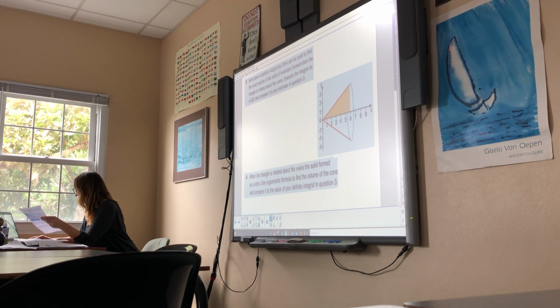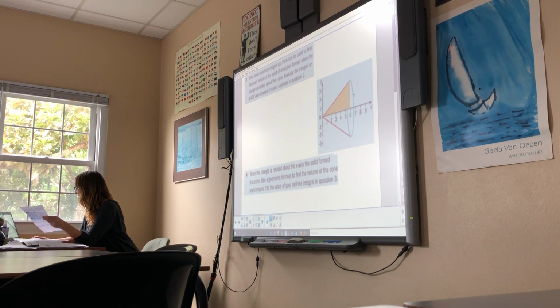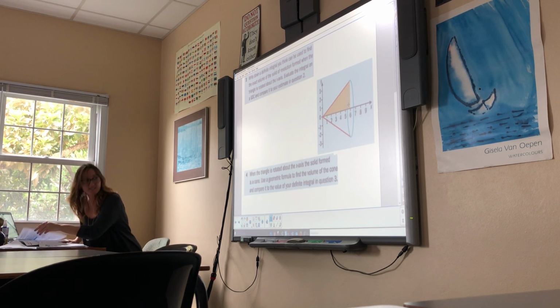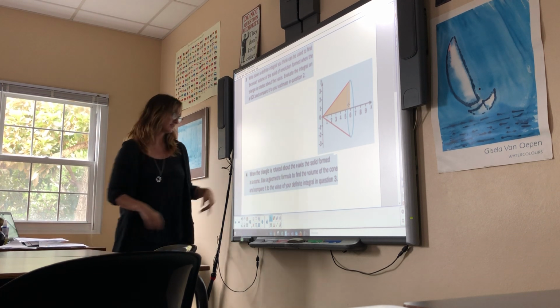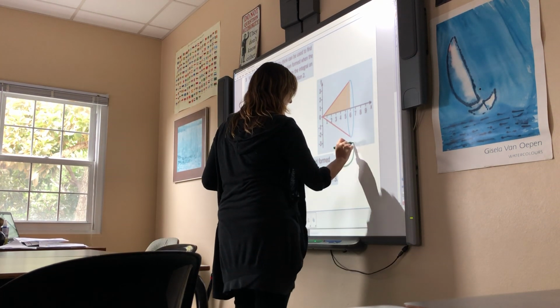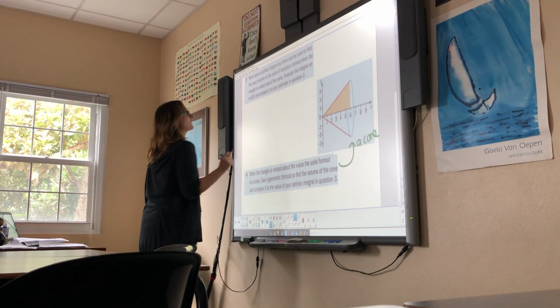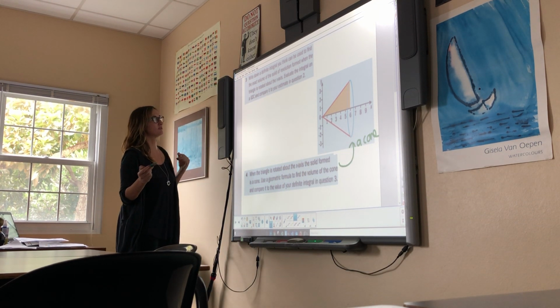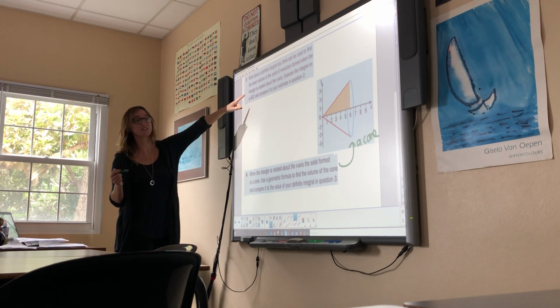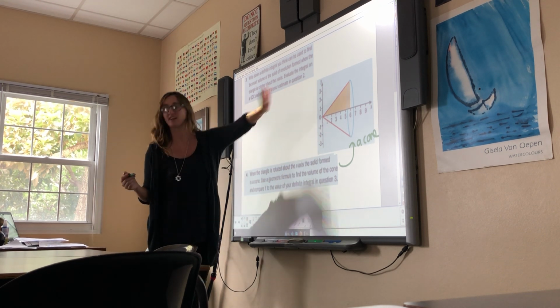Notice that if it was just the triangle and you rotated it, this is a cone. So this is a cone when you rotate the triangle, to find the exact volume of the solid of revolution formed when the triangle is rotated about the x-axis.